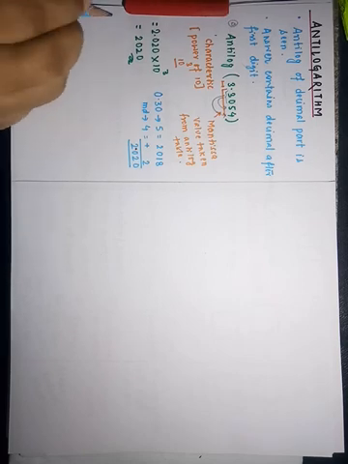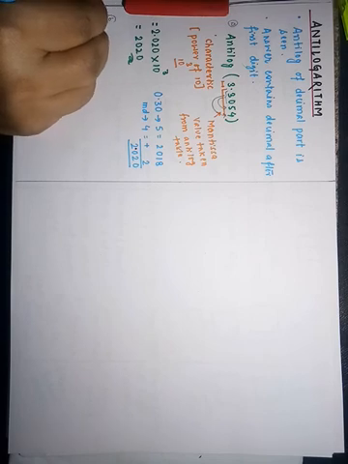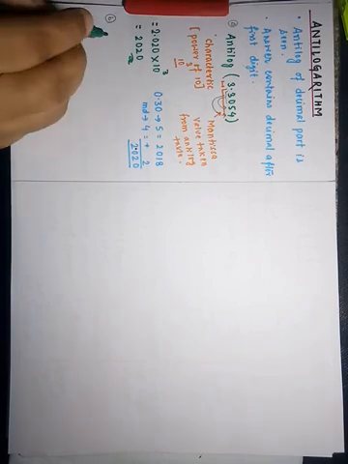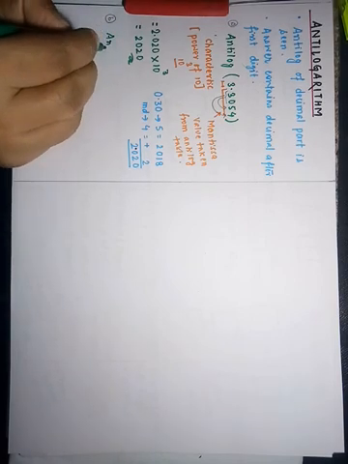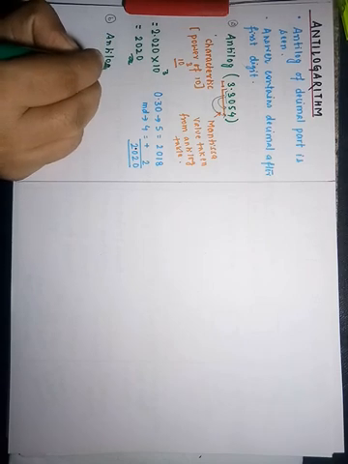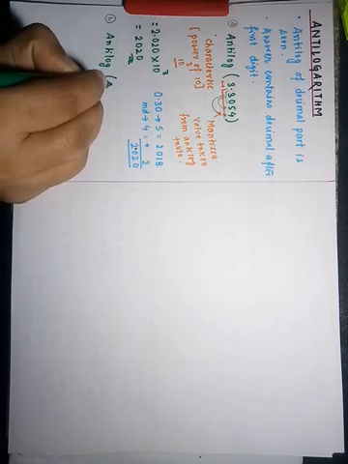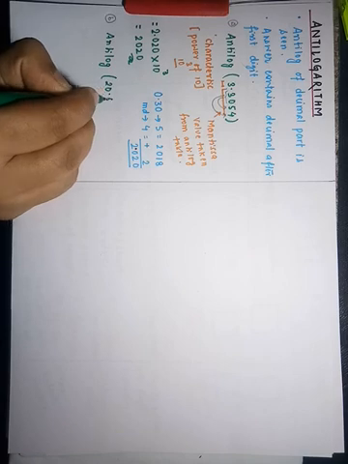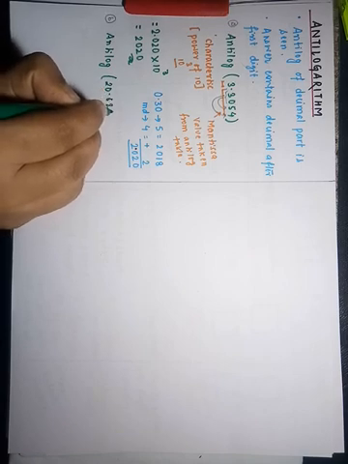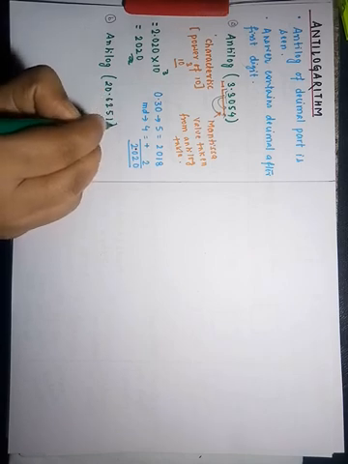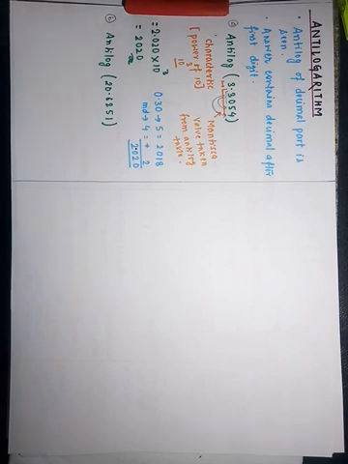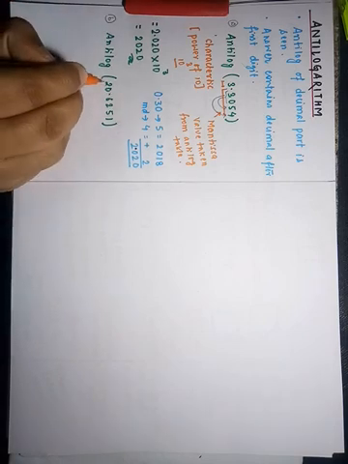So example B, let us work on the antilog of the number 20.6251. So student, what is the characteristic part here? The characteristic part is 20.